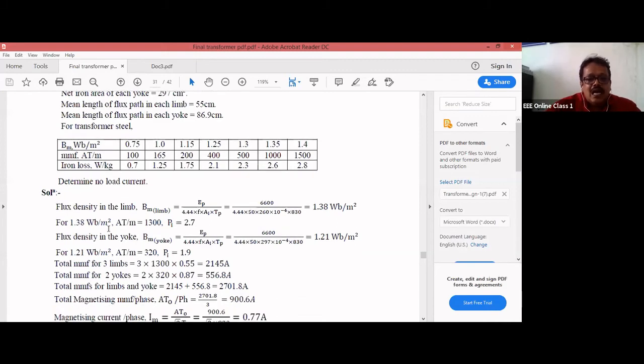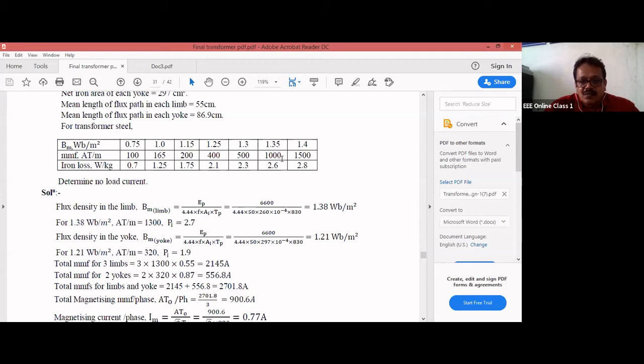I want 1.38, but I have 1.35. If you take two decimal places, 0.35 to 0.4, the difference is 5. For ampere turns per meter, 1000 to 1500, the difference is 500. So 500 divided by 5 makes each step 100.